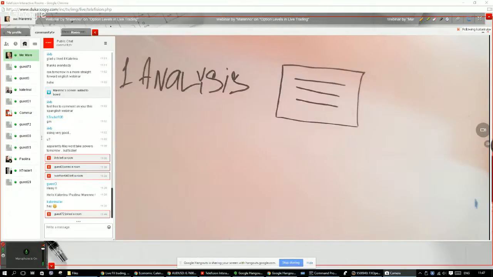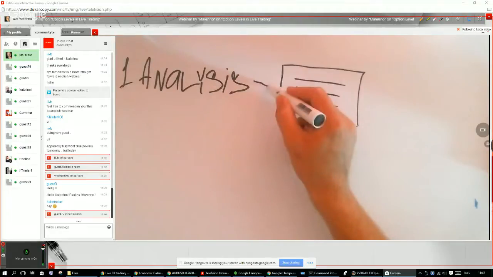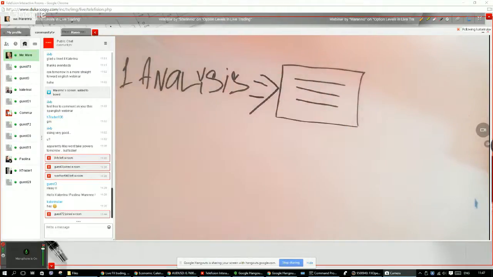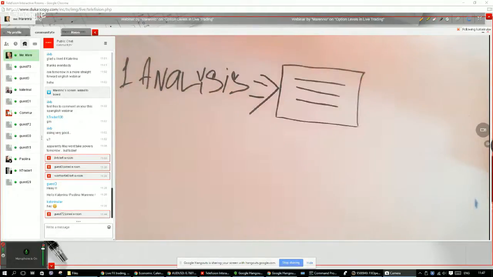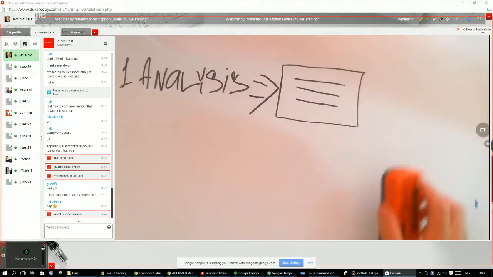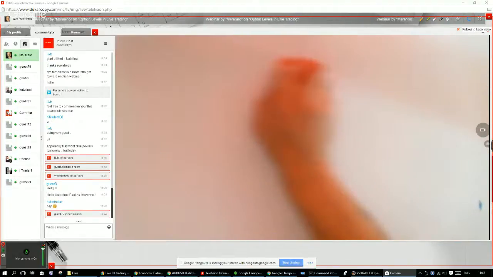So when you have this analysis, first what you must have is something on your chart. You will understand what I'm trying to say. That's how it looks. So first you have the analysis, then you have something on the chart, all right?